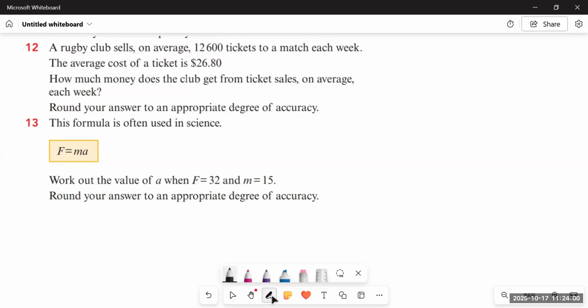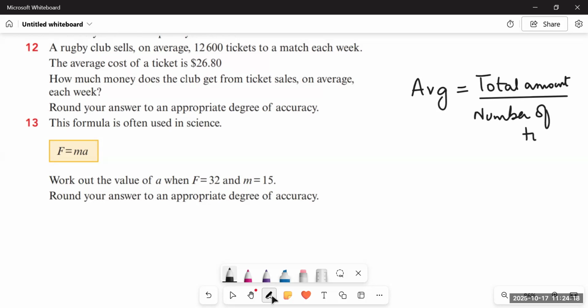We can say that the average is equal to the total amount divided by the total number of tickets.